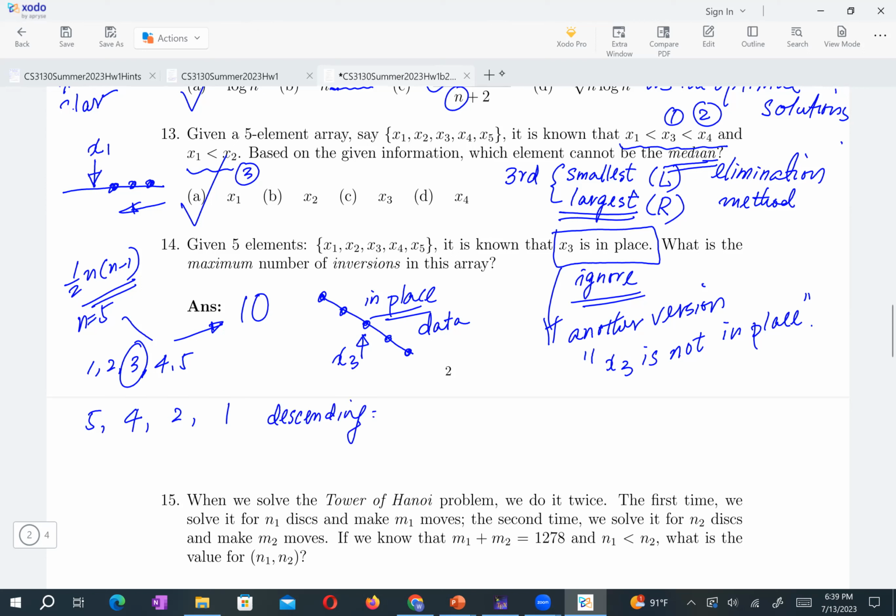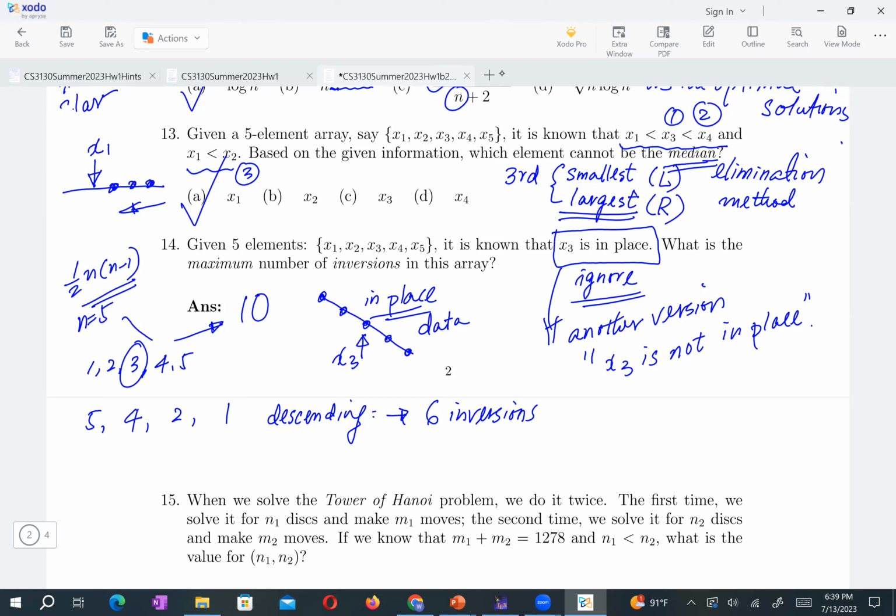And this descending order gives us 6 inversions, right? All right. Now, we want to put X3 back to give us 3 more inversions.